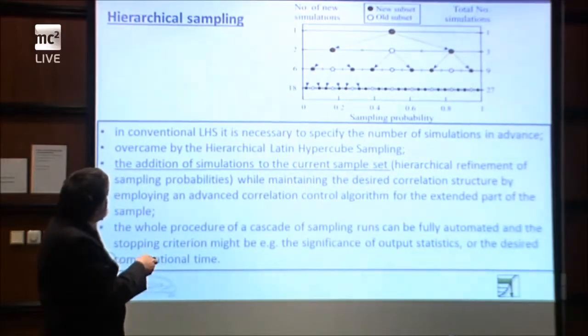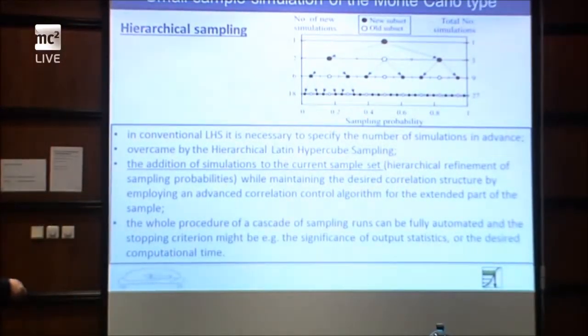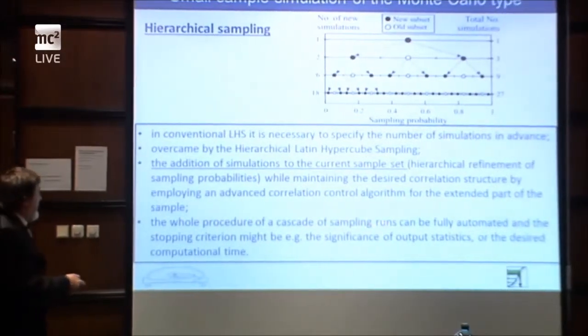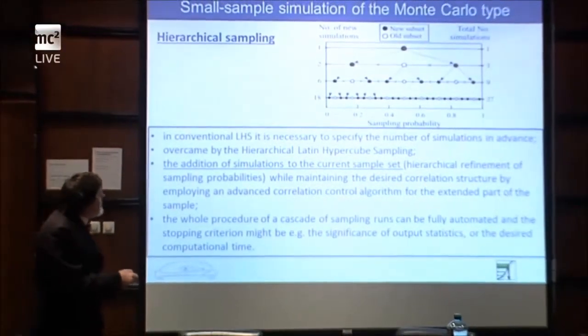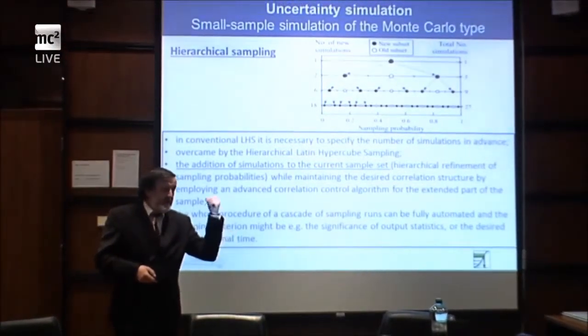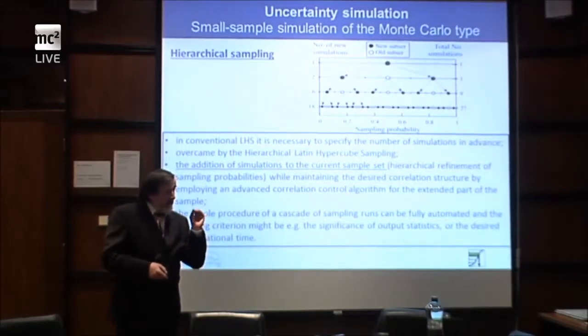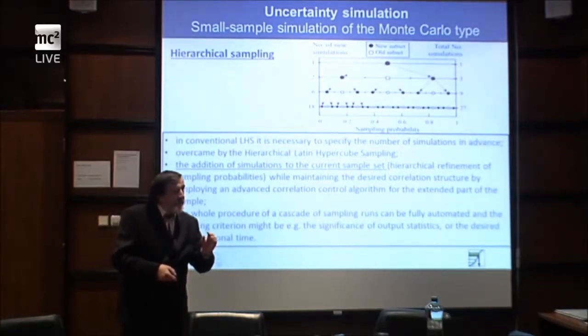It's actually shown in this picture that in hypercube sampling we have to refine the probabilities in some specific scheme, that from 2 we have to go to 6, to 18, etc. We can call it cascade sampling, and this can be fully automated, and this hierarchical sampling will allow us to add additional sampling, and this is also important for increasing the accuracy of training of artificial neural networks step by step.